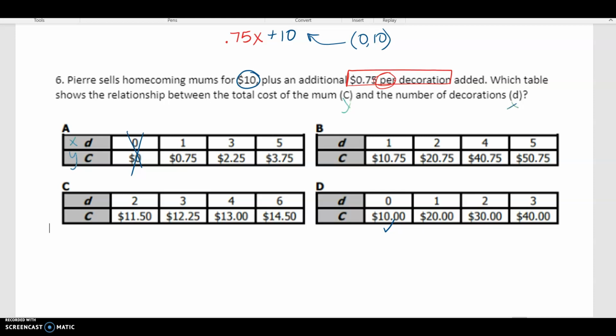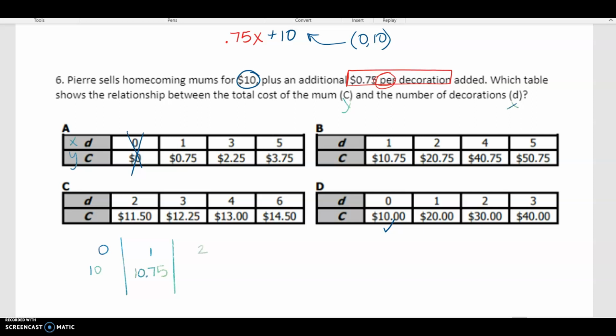Okay. So, plus an additional 75 cents per decoration added. Okay, so let's see. If I add one decoration, so there's 0 decorations, it's $10. If I add one, it's an additional 75 cents, so $10.75.